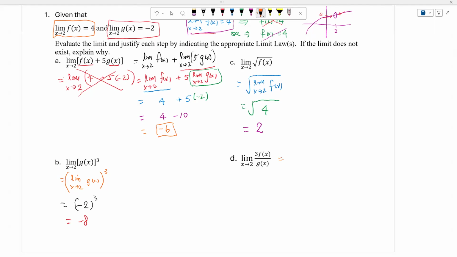Then D is equal to the limit x approaches 2 of 3 times f of x divided by the limit x approaches 2 of g of x. Then it will equal 3 times the limit x approaches 2 of f of x divided by the limit x approaches 2 of g of x.